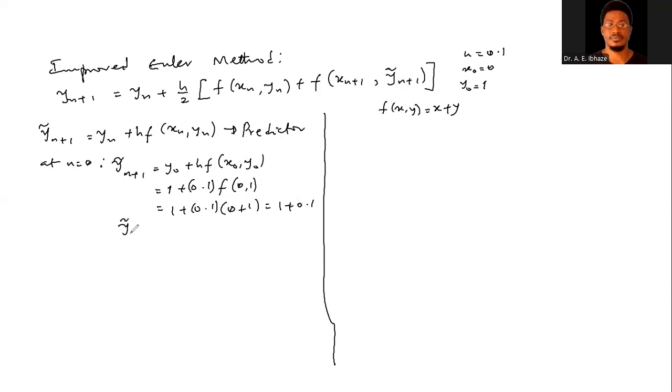So our predictor will be the same as 1.1, as earlier estimated. So the corrector at n being the same as 0 will therefore become the improved Euler formula, which will be y1 at n equal to 0, being the same as y0 plus h over 2, f of s0, y0 plus f of s1, y bar 1.